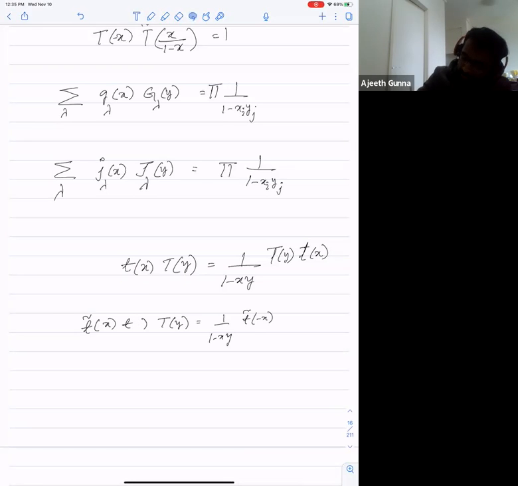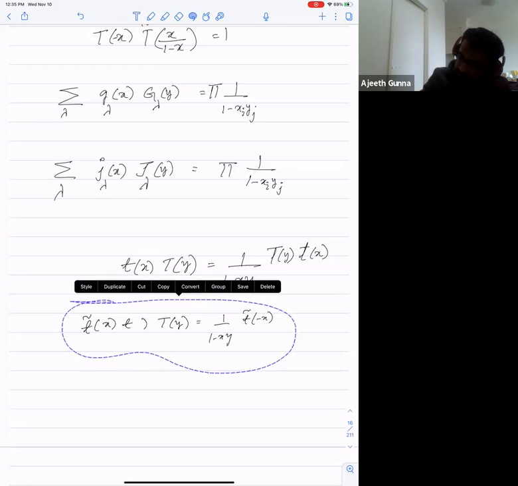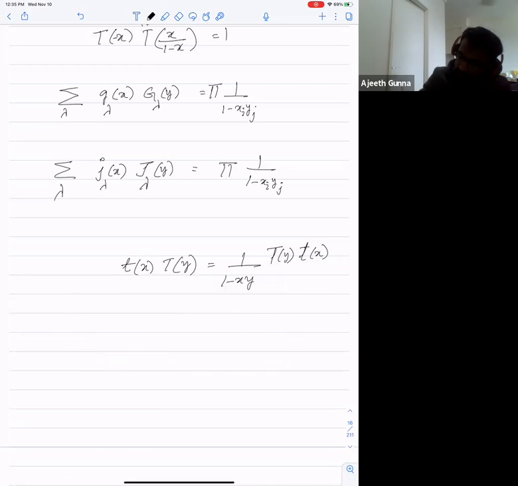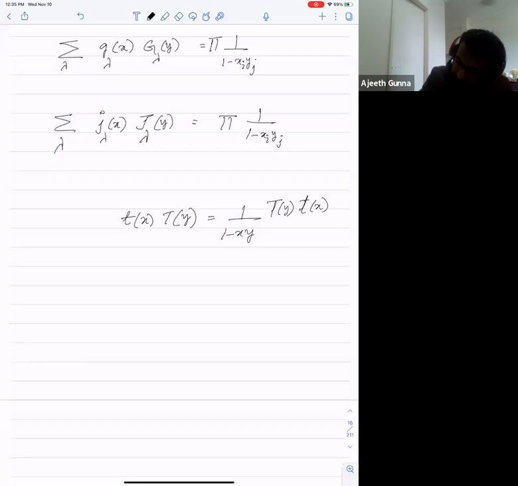We take T of minus x, because we want to apply the inversion relation, times T of y, which equals 1 plus x times T of y times T of x, T of minus x.